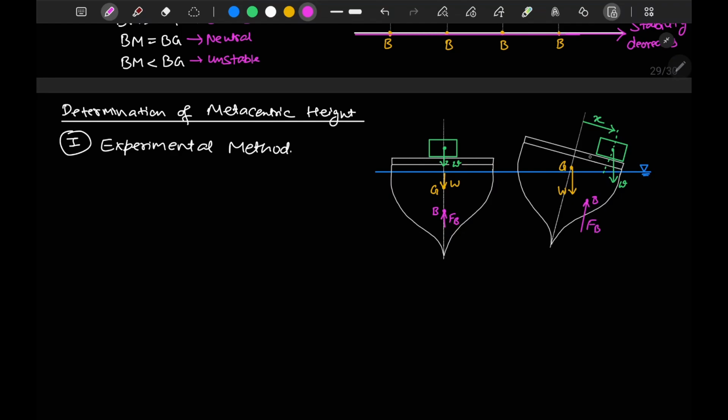Now if we extend this line, it meets at this point.